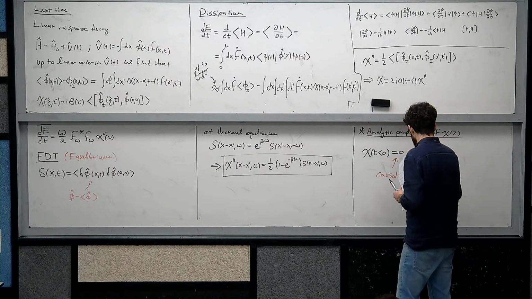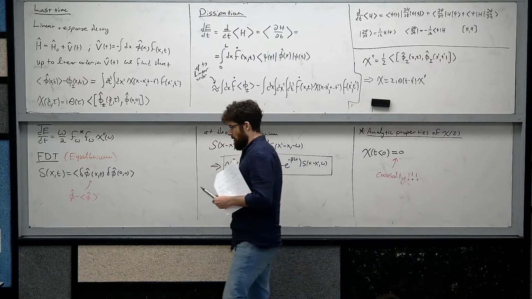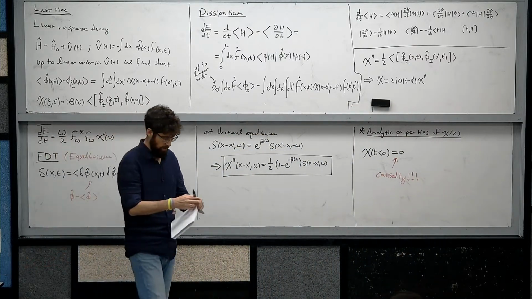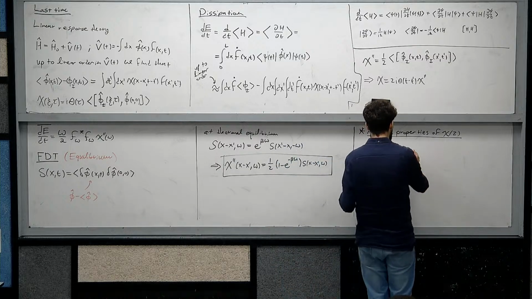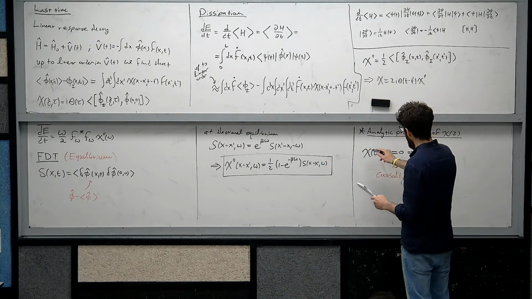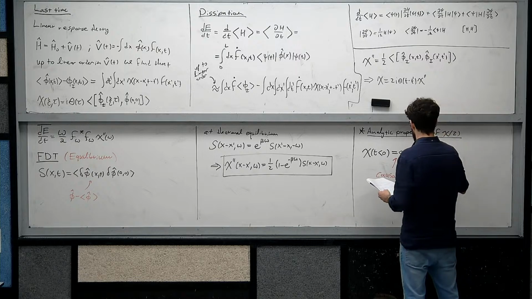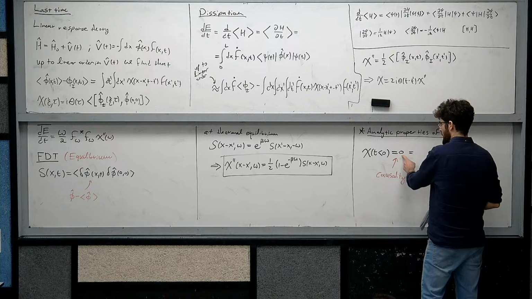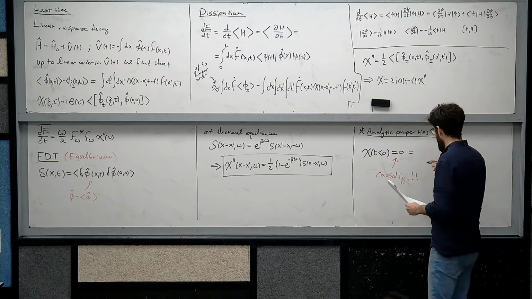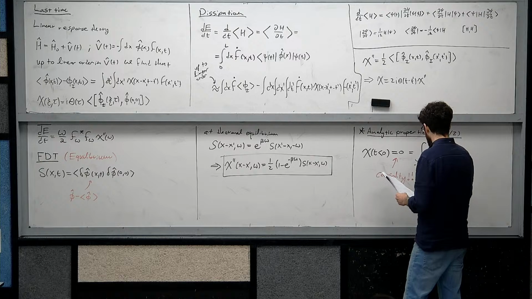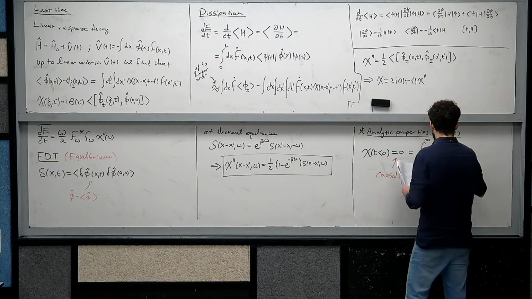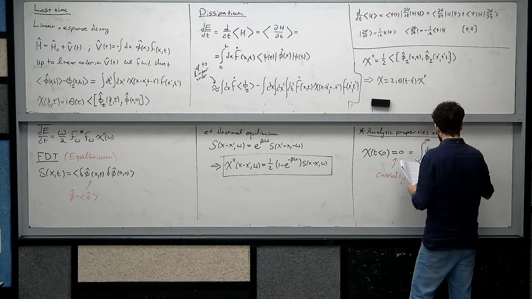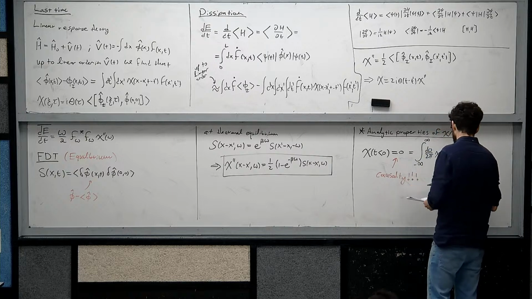So that implies that if I want to write this chi in Fourier space, I can also write this 0 in a very sophisticated manner, which is the integral from minus infinity to infinity, d omega over 2 pi, chi of omega e to the minus i omega t.